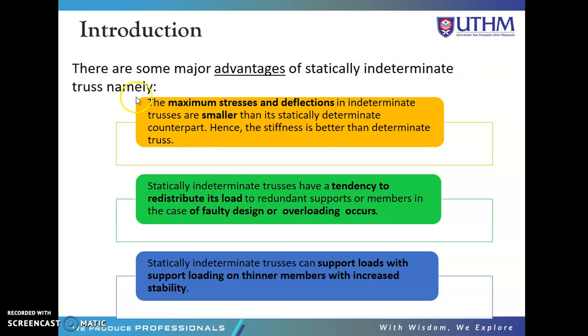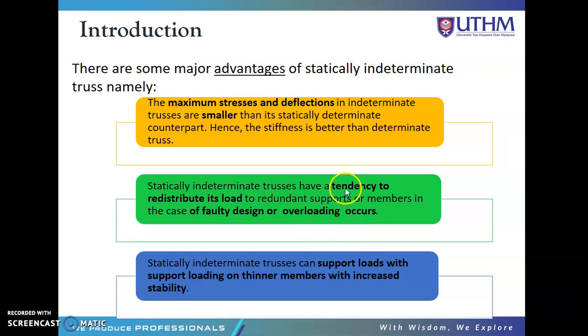There are some major advantages of statically indeterminate trusses. The first one is that the maximum stresses and deflection in indeterminate trusses are smaller, so the stiffness is better than determinate trusses. The second one is that statically indeterminate trusses have a tendency to redistribute the load to the redundant support or member in the case of faulty design or overloading.